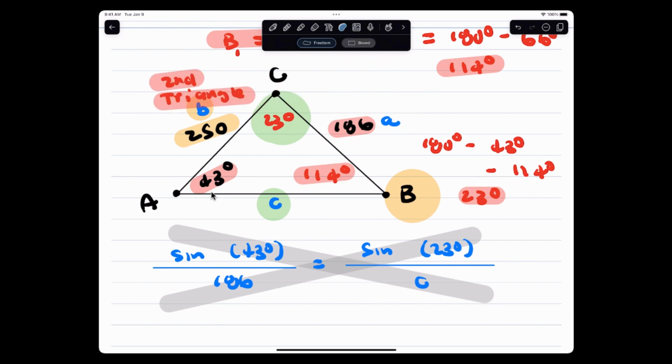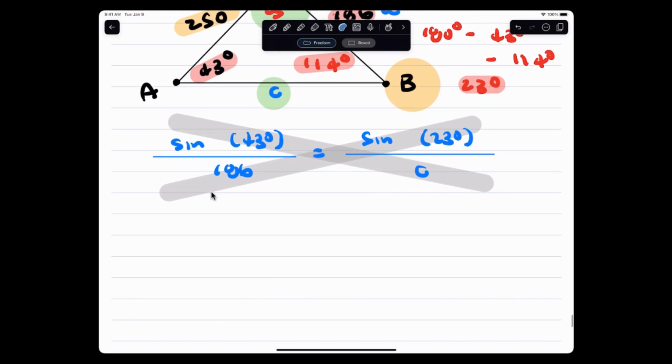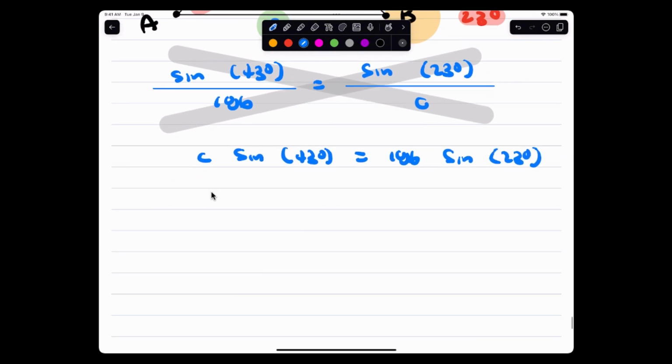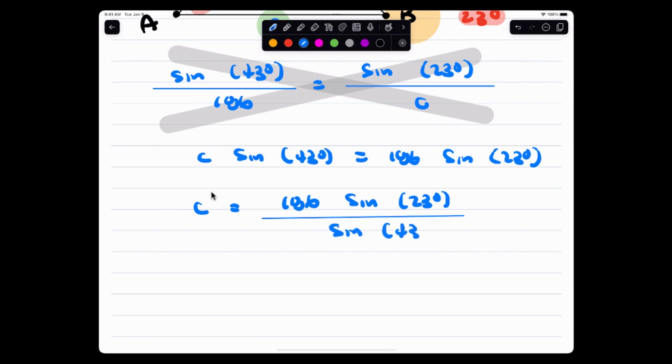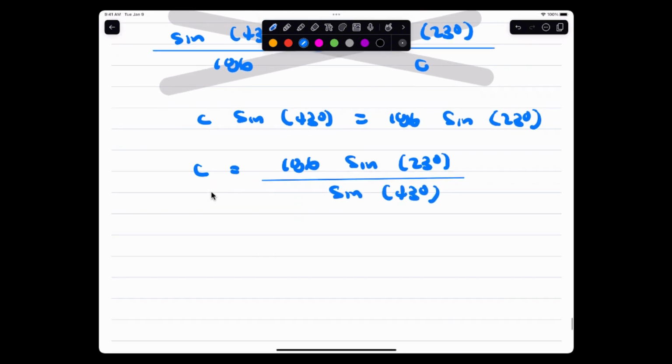That's a situation where the ambiguous case gives you two. Right? Solving for little c. Let's look at that detail again, right? You get c sine 43 is 186 sine 23. Divide both sides by sine 43. You get c equals 186 sine 23 degrees divided by sine of 43 degrees. We're going to get that little c.